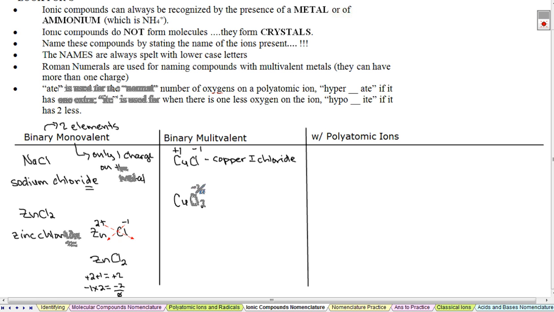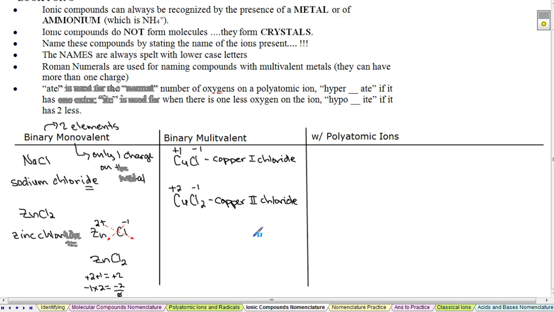Now notice here that chlorine, again, has a -1 charge, but I've got two of them. So that must mean that copper has got a +2 charge. So this would be copper 2 chloride. Now there's an old way of naming, what we would call the classic way of naming.